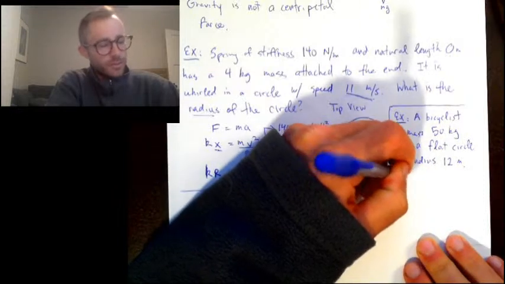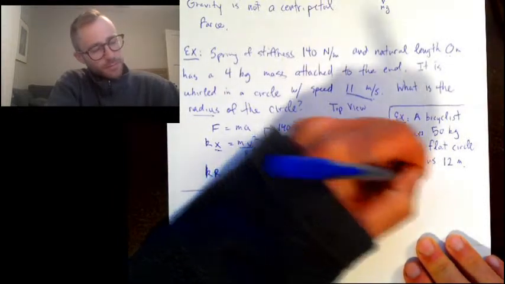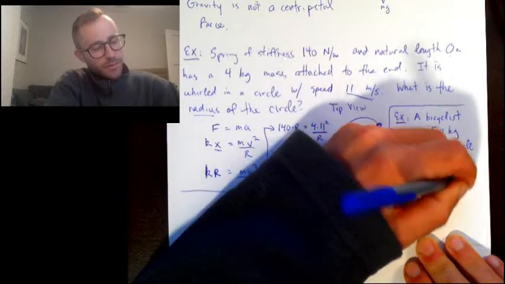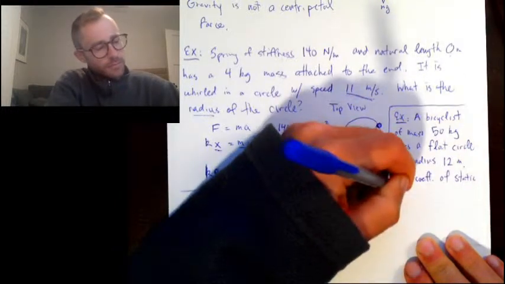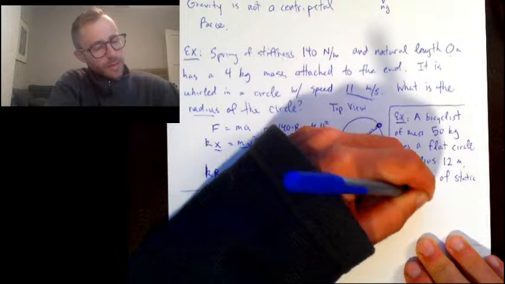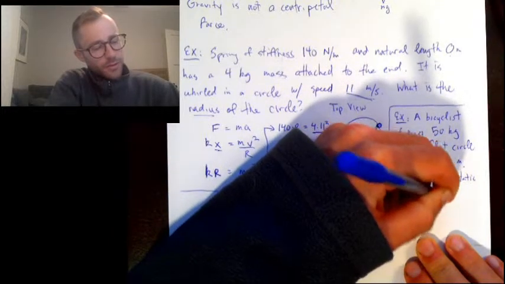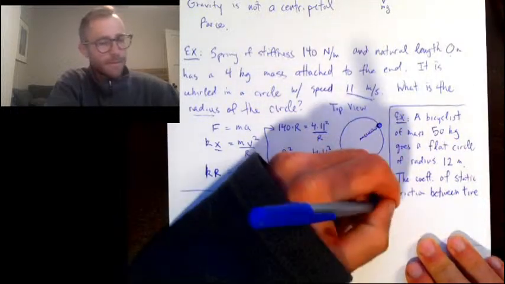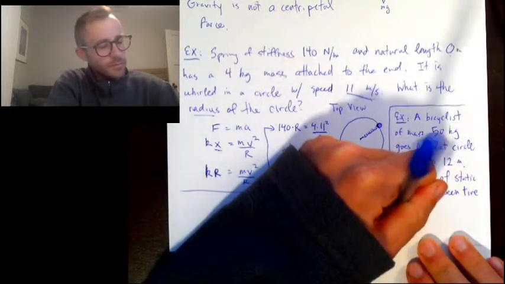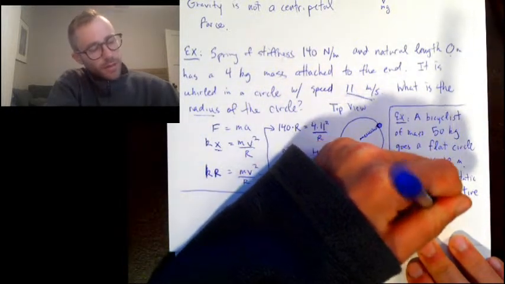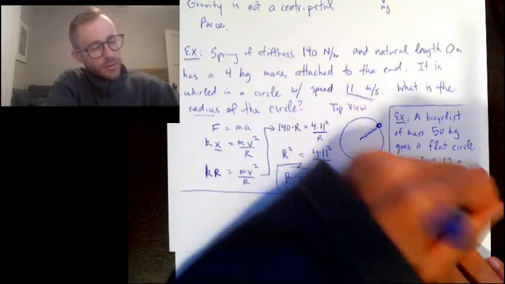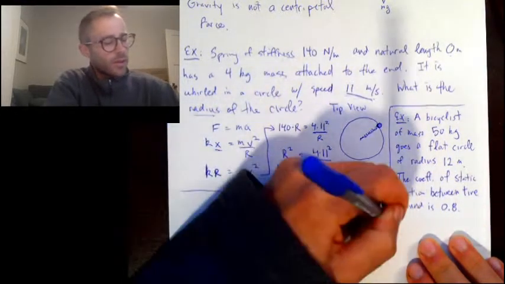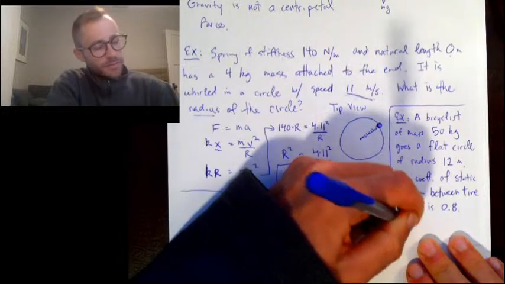The coefficient of static friction between tire and ground is 0.8. Calculate the maximum speed.